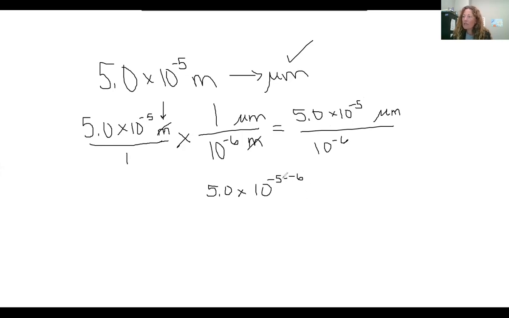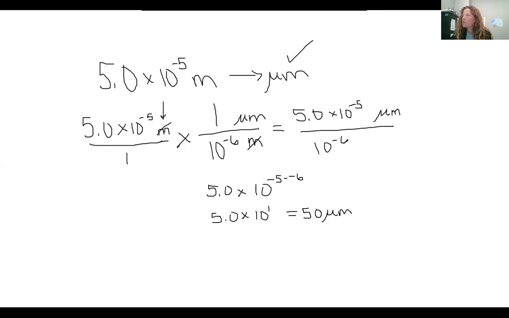That actually is negative 5 plus 6 because I'm subtracting a negative number. So that gives me 5.0 times 10 to the 1st. Negative 5 plus 6 is 1. 10 to the 1st is just 10. So in this case, I could just say, well, that's 50, with my unit on there. You can also leave it as 5 times 10 to the 1st if you want to get practice with scientific notation.